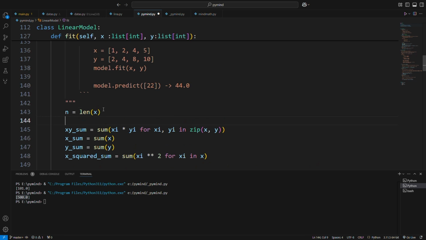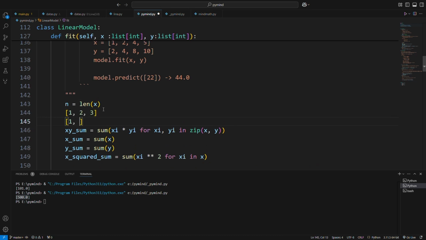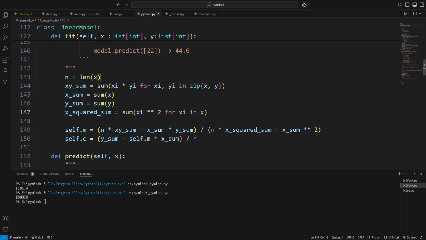Okay, suppose we have 1, 2 and 3, so it will do the sum of 1, 4 and 9. It will be 14. So this becomes 14. It is being used here. Then n, that is the length of x, that is 3, into 14, minus the x sum.